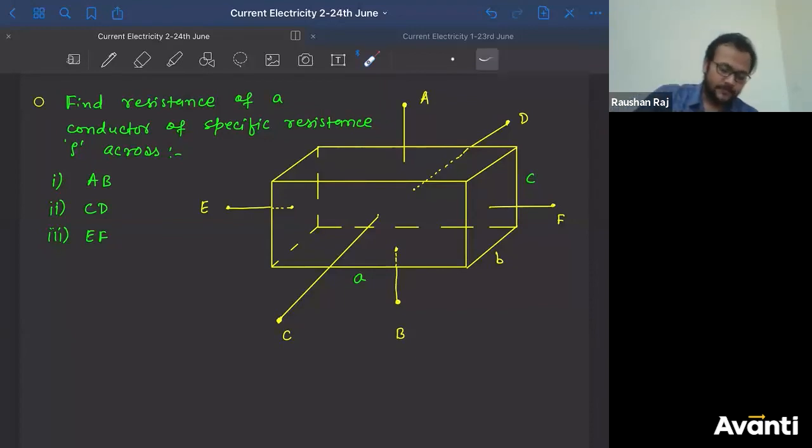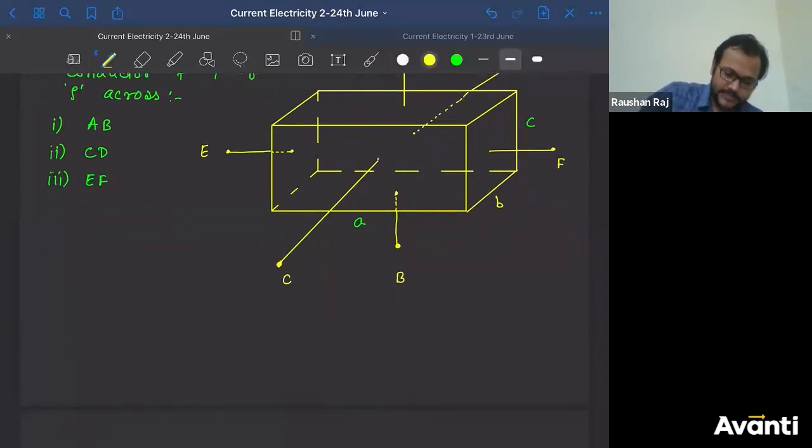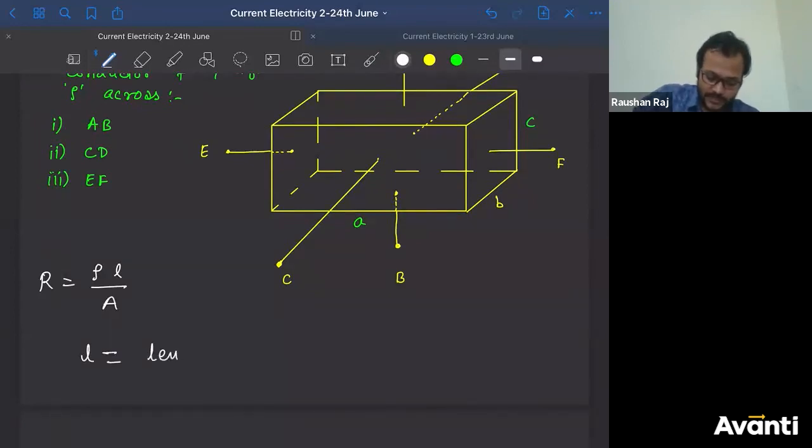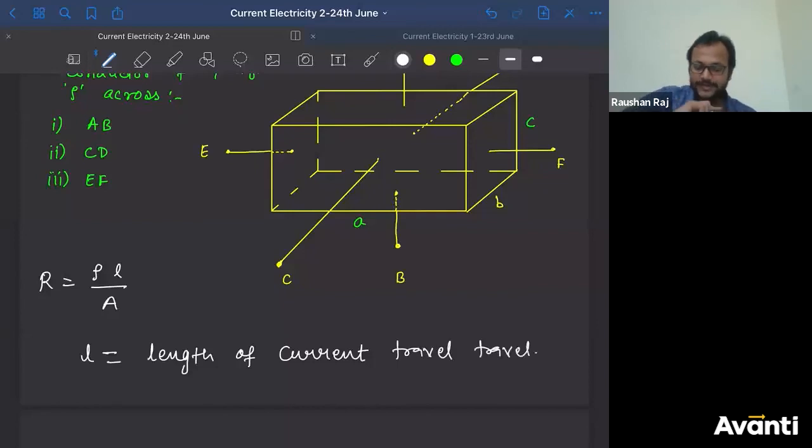Okay, so when we talk about resistance equal to rho L divided by A, then what is L here? Let me make it very very clear. L is the length of current travel. ये क्या होता है बच्चा लोग? Length of current travel, so the length along which the current will travel.